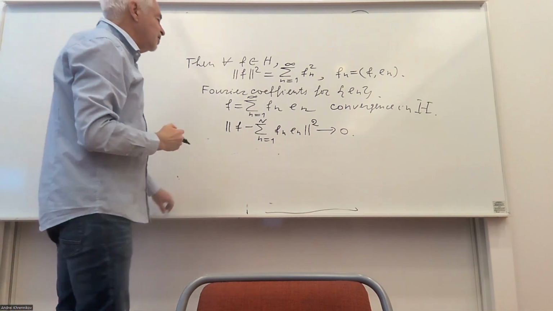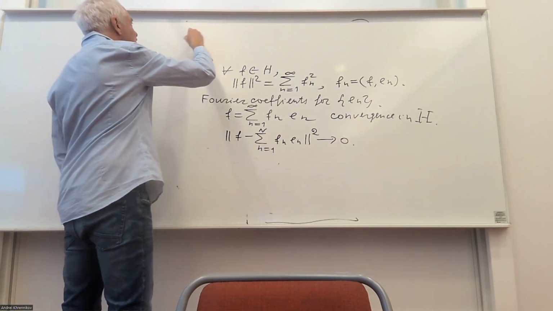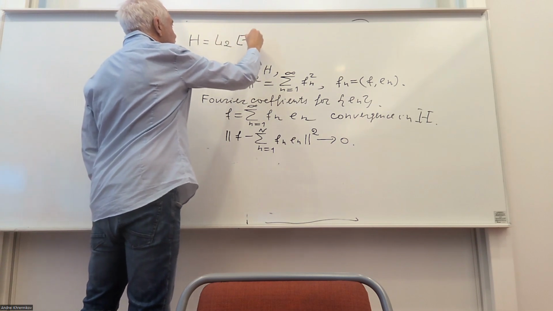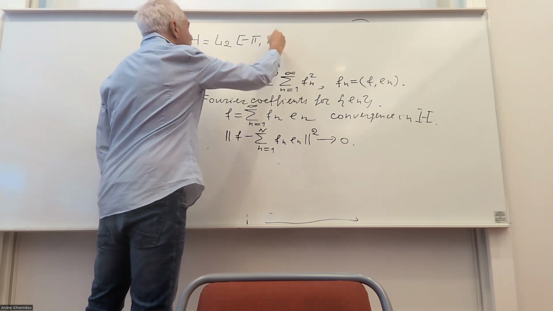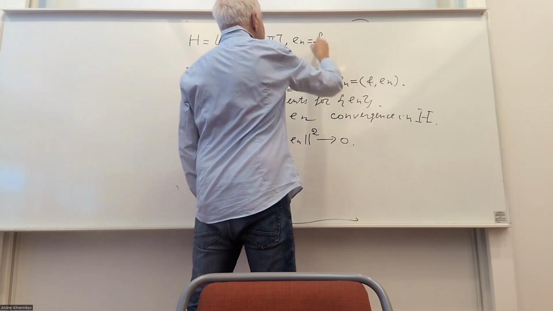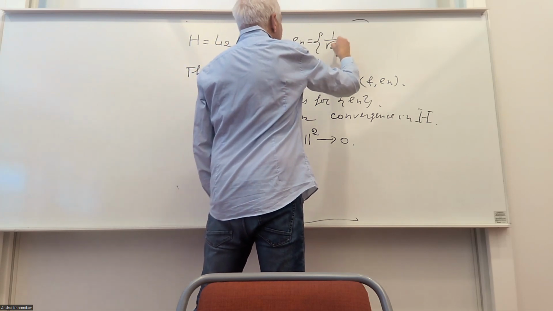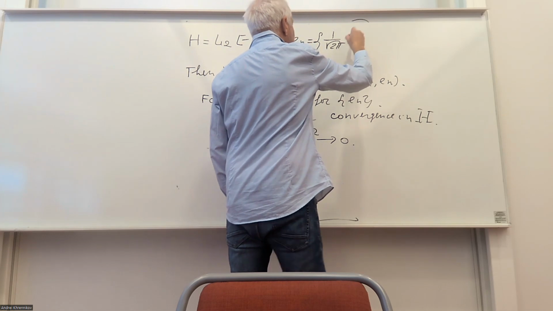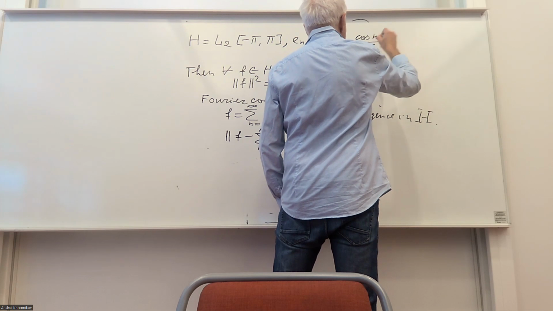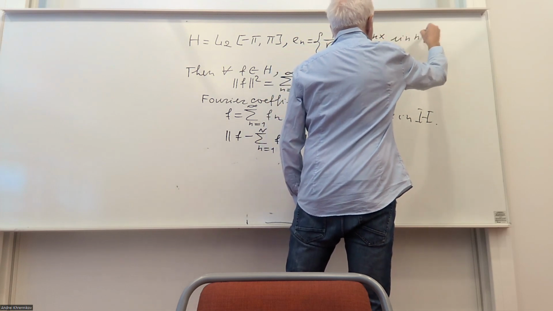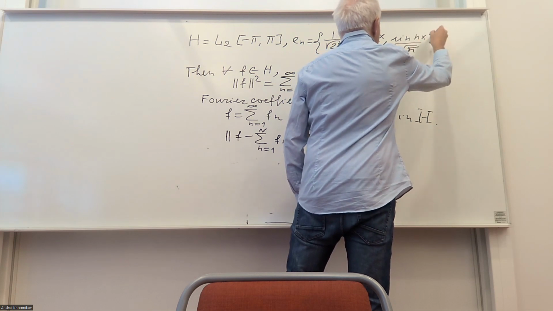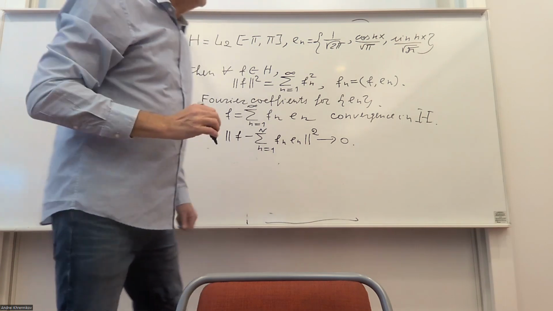We select as H the space L2(-pi, pi), and as basis En, we select the constant normalized by the square root of 2 pi, cosine nx divided by the square root of pi, and sine nx also divided by the square root of pi.